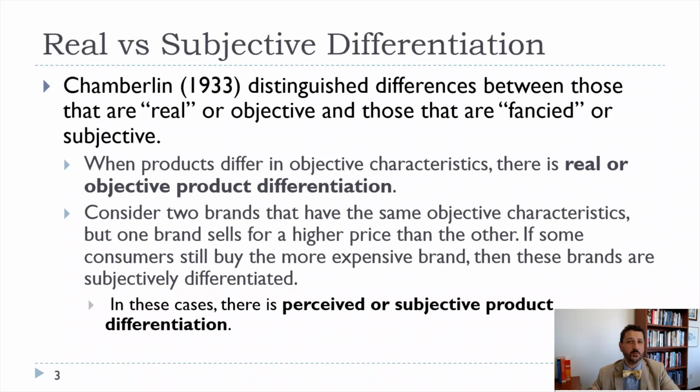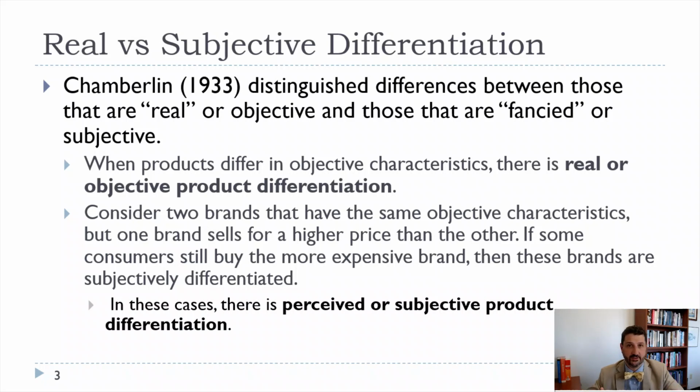Now, from a firm's perspective, what really matters is simply that the consumers are differentiating their products, right? Because that's what gives firms market power. So if you can convince consumers that Tylenol is different than acetaminophen or Advil is different than ibuprofen, even though they're objectively exactly the same, then you can have some pricing power, right?